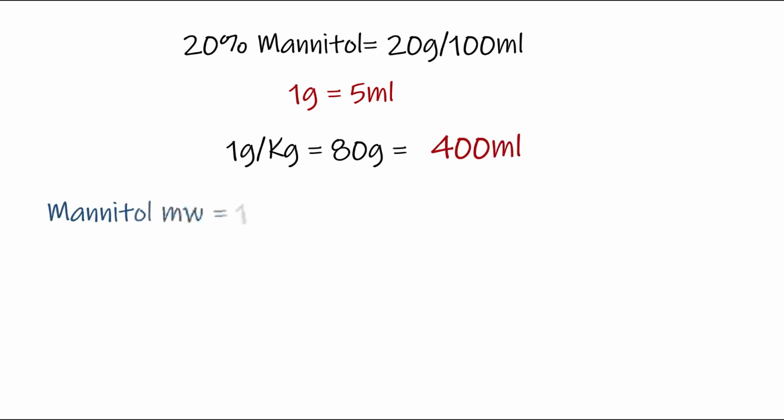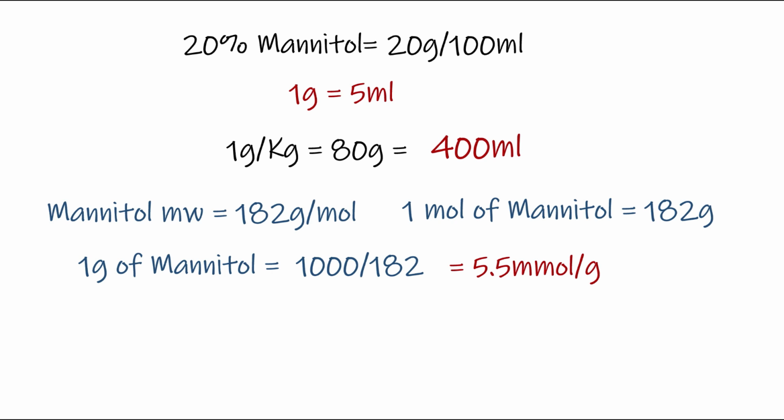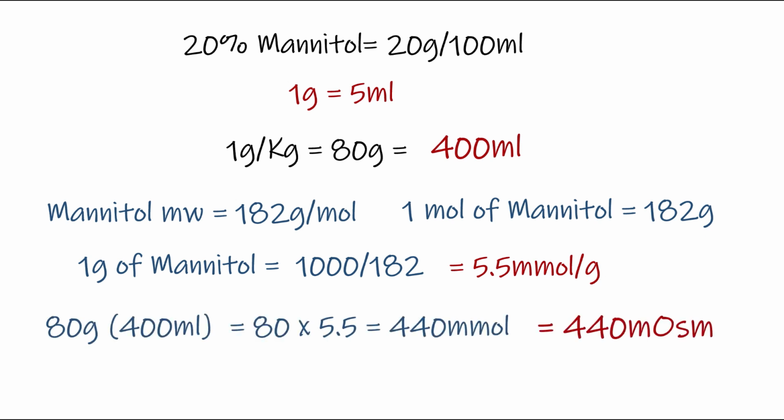The molecular mass of mannitol is 182 grams per mole, and 1 mole of mannitol is 182 grams. 1 gram of mannitol is 1000 divided by 182, or 5.5 millimoles per gram. 80 grams or 400 mils is 80 times 5.5, or 440 millimoles, which works out as 440 milliosmoles. So you're essentially administering 5.5 millimoles per kilogram when you're giving a gram per kilogram.